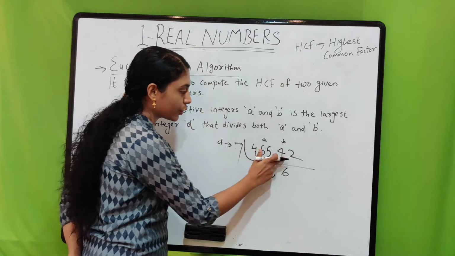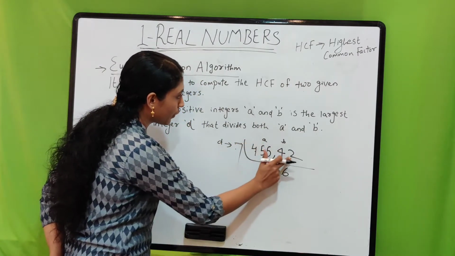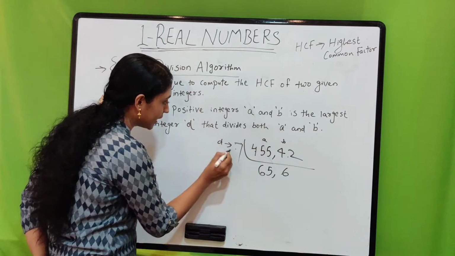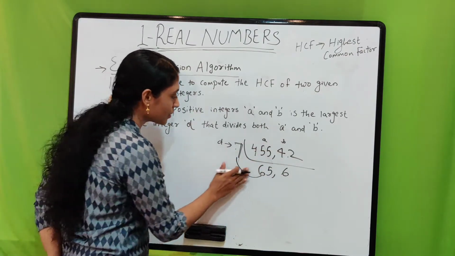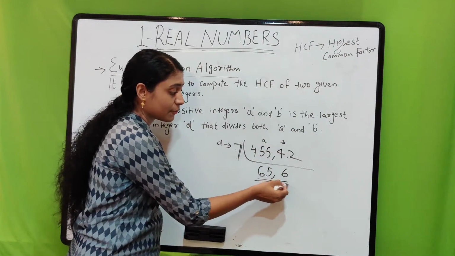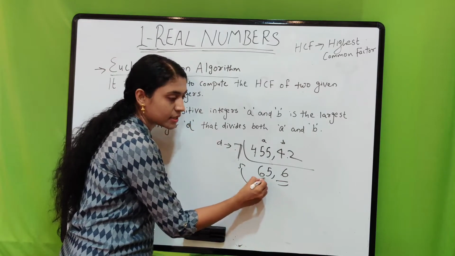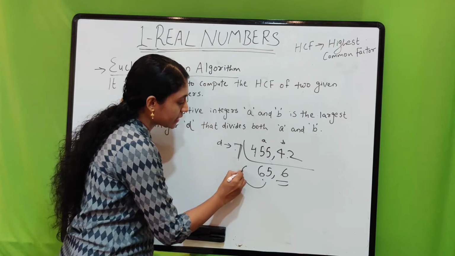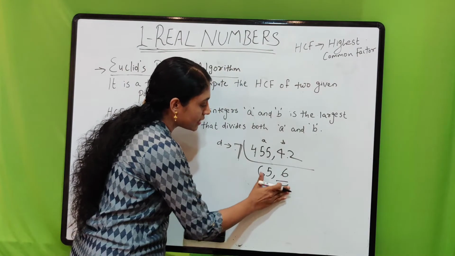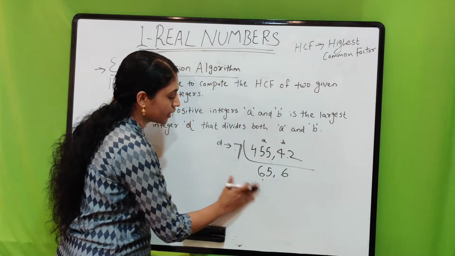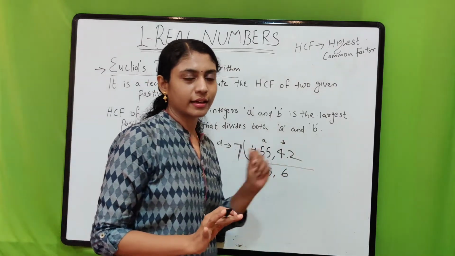Here 455 and 42 are the positive integers A and B, and the HCF of 455 and 42 is the largest integer D, here D is 7, that divides both A and B. And is there any integer that divides both 65 and 6? No. If we take 5, it only divides the 65, not 6. And if we take 6, it divides only the 6, not 65. So 7 is the only integer that divides both 455 and 42, right? So 7 is the HCF of 455 and 42. This is the usual method we studied in our lower classes.